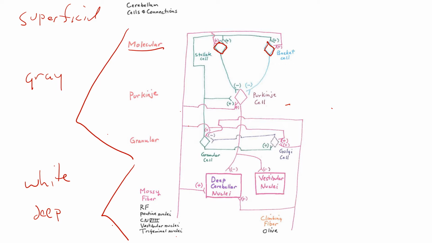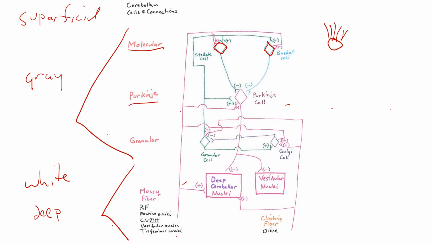The basket cells are going to look like a basket. They have a cell body, and all of their processes come out of the top. There are multiple layers of these 2 cells in the molecular layer.